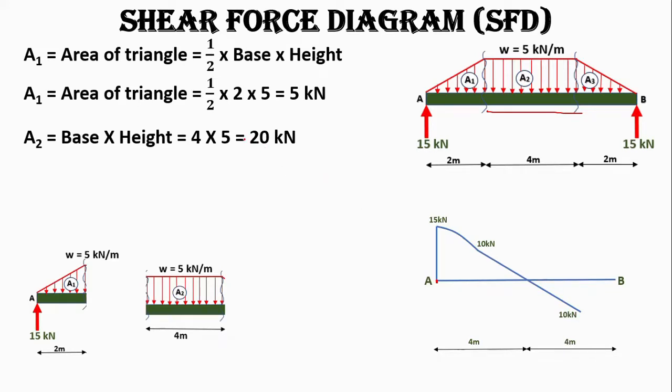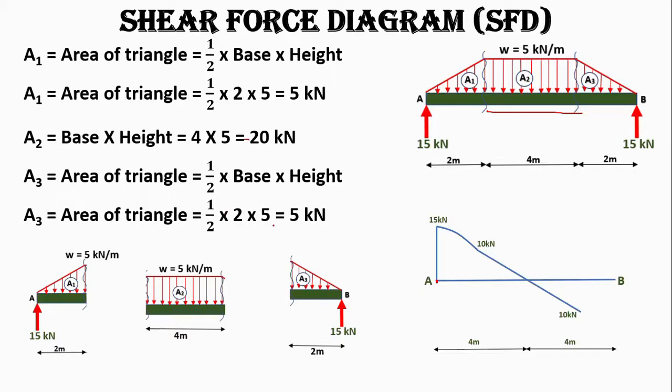Plus 10 minus 20 will be minus 10, so that's why it is in downward direction. Now let's calculate the area for the third portion, that is again a triangle, which will be half base into height, and again this is 5 kilonewton in the downward direction. So again draw a curve up to minus 15 kilonewtons.